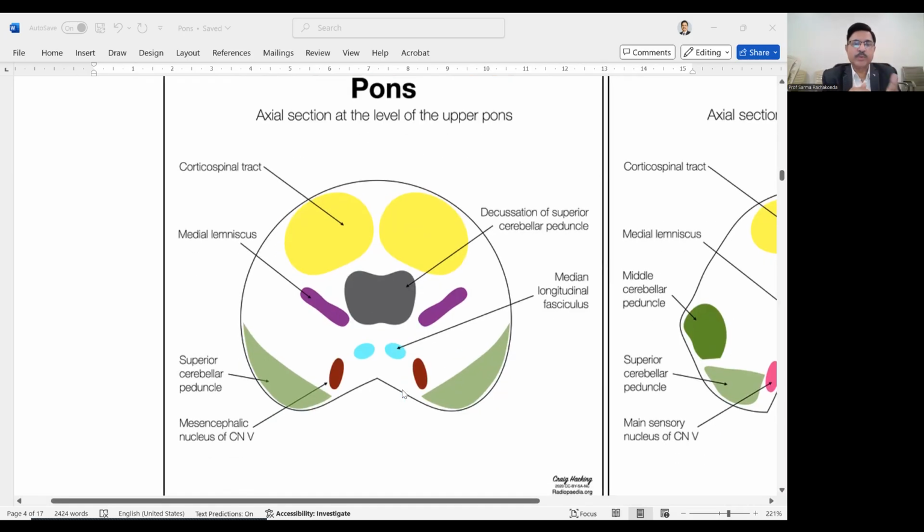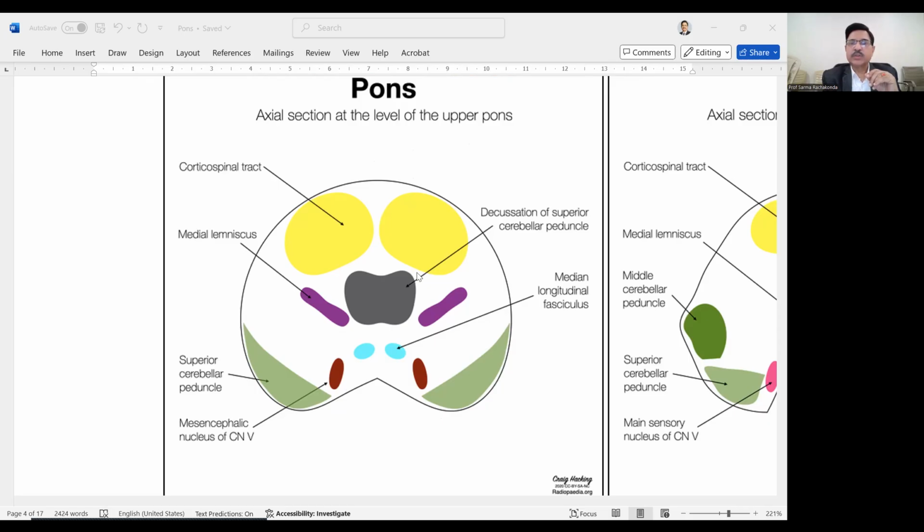Okay, then the superior cerebellar peduncle, and then high above, you can see a little bit of the superior cerebellar peduncle also. Then you have got the mesencephalic nucleus of the fifth nerve. This is the part of the fifth nerve which is ascending towards the midbrain. That's why it's called mesencephalic. This is the ventral part, and this is the dorsal part of the pons.